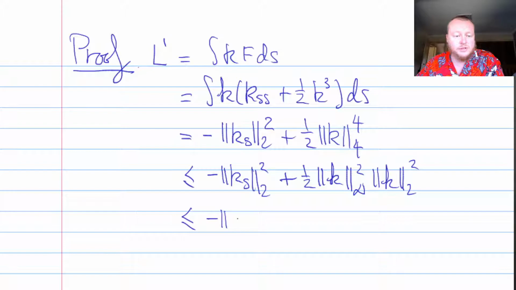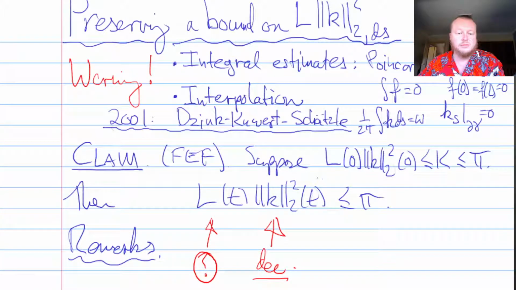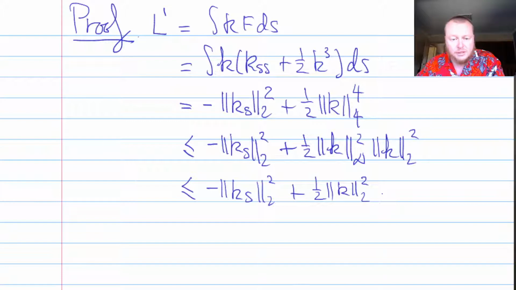Okay, so we've got k_s in L2 squared, and I'll just collect this at the front as a coefficient. This is going to be our smallness. This is going to be this term, this L k in L2 squared. Now the coefficient is very important that you get from the Poincare inequality in this setting. So if you want to see the details of this, I think it's in my paper with Valentina.